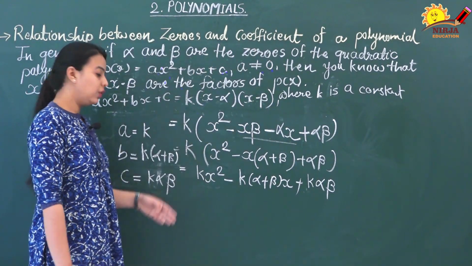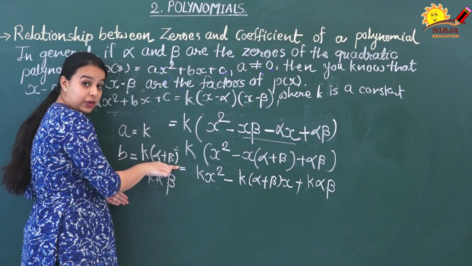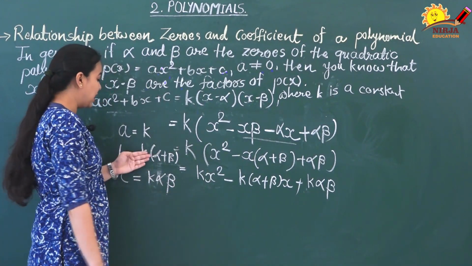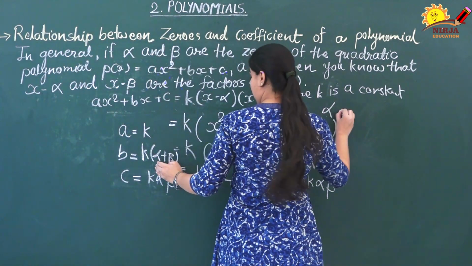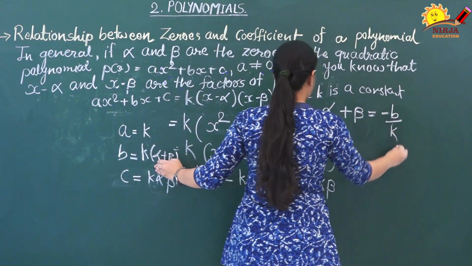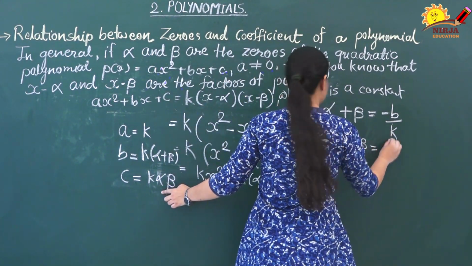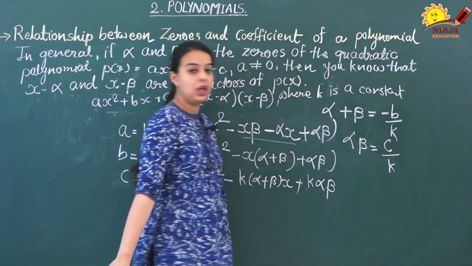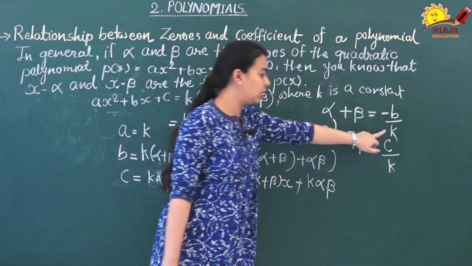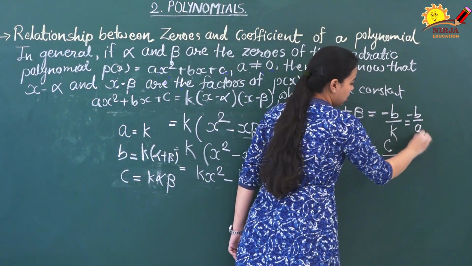So now we have the values of a, b and c over here. We are going to find the values of alpha plus beta and alpha into beta from these equations. If I write the value of alpha plus beta, I can write minus b upon k, and the value of alpha into beta, I can write c upon k. But here a is equal to k, so in place of k we can write a also: minus b upon a and c upon a.